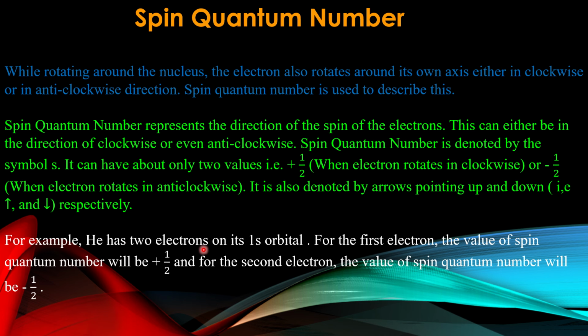Helium has 2 electrons in its 1s orbital. For the first electron, the value of spin quantum number will be +1/2 because it rotates clockwise. And for the second electron, the value will be -1/2, because it rotates anti-clockwise.